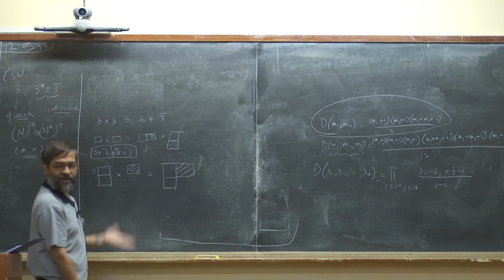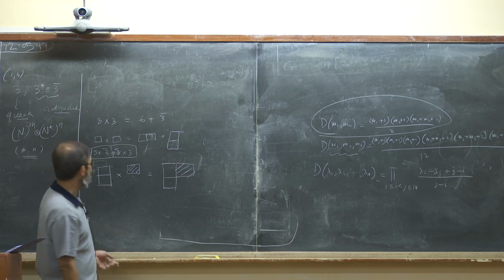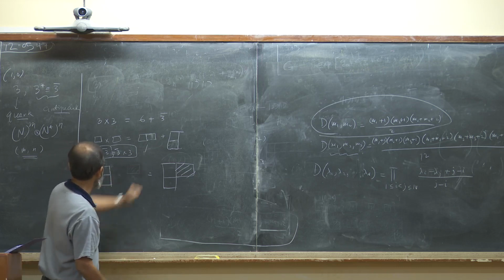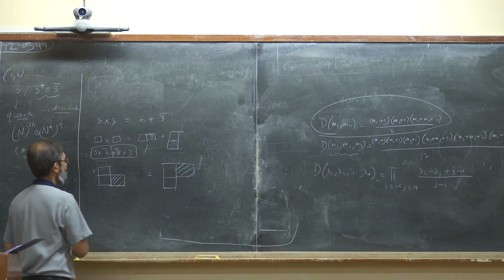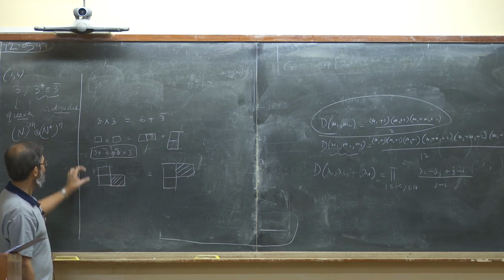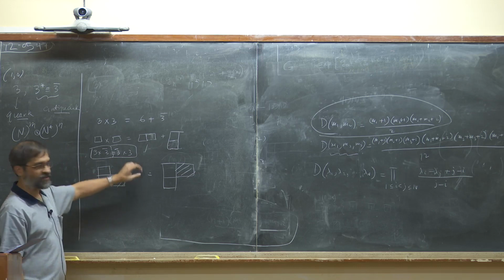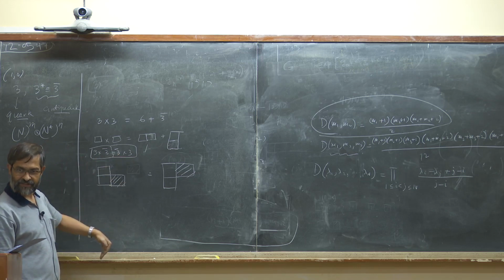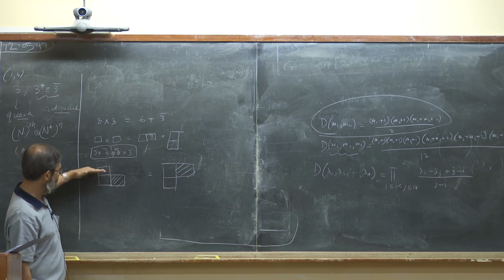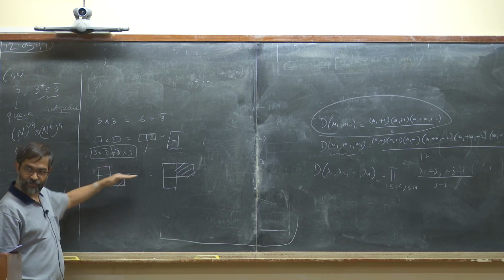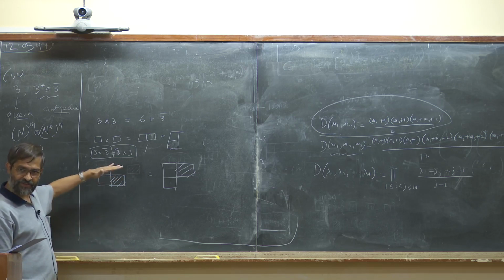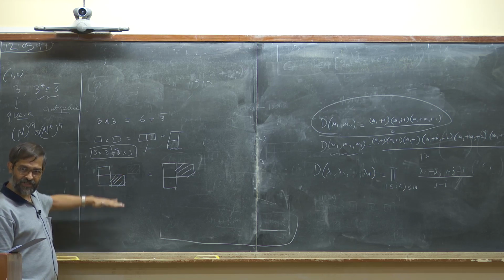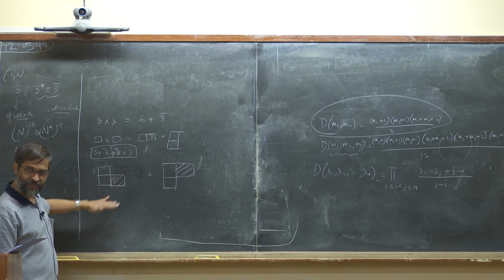Basically I don't allow that. Why? Because suppose I just do this. My primary rule is that the number of boxes as I go down should decrease. So here the number of boxes in the horizontal row is 1. Here it's 2. That cannot happen. Things staying the same or decreasing is okay. Increasing is not okay. So this is not allowed.